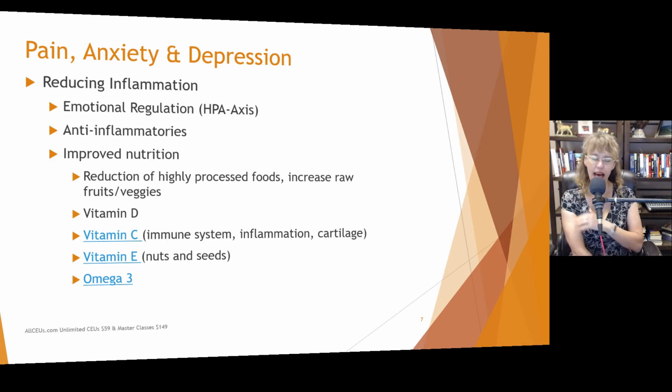Omega-3s have a lot of research behind them for brain function. DHA is one of the omegas. There's a lot of research behind omega-3s for cognitive functioning as well as for reducing inflammation. Omega-6s, which are more plentiful in the American diet, are associated with increases in inflammation.